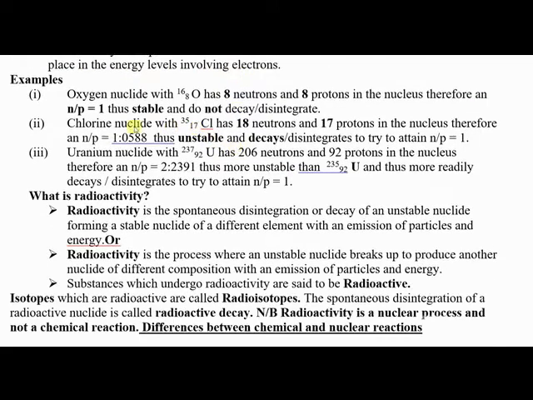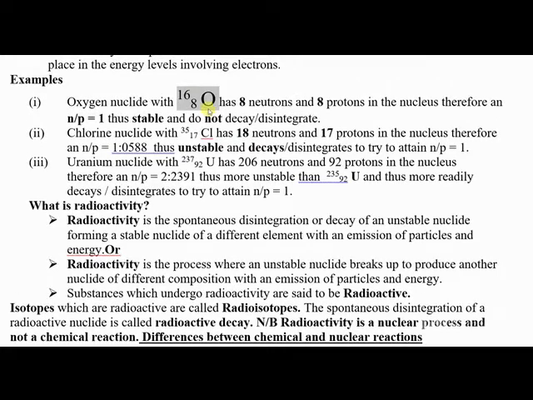A quick example of stability. Now look at oxygen. You can see the atomic number is 8 and the mass number is 16. It means it has 8 neutrons and 8 protons, so the sum is 8 plus 8, which is equal to 16.